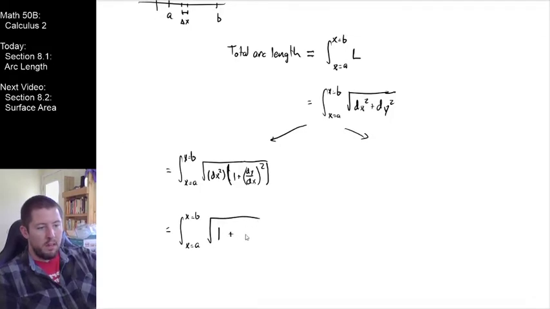So it looks like our arc length formula is the integral of the square root of 1 plus (dy/dx) squared, dx.